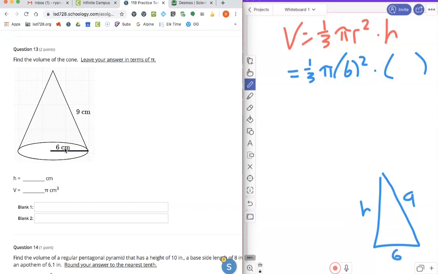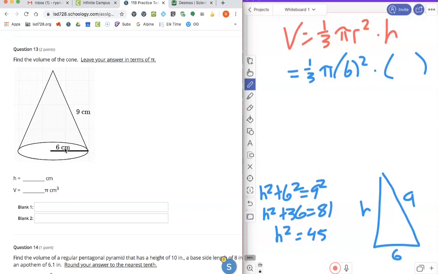Okay, so we're going to do h squared plus 6 squared equal to 9 squared. Which is h squared plus 36 equals 81. So h squared is equal to 81 minus 36, which is 45.